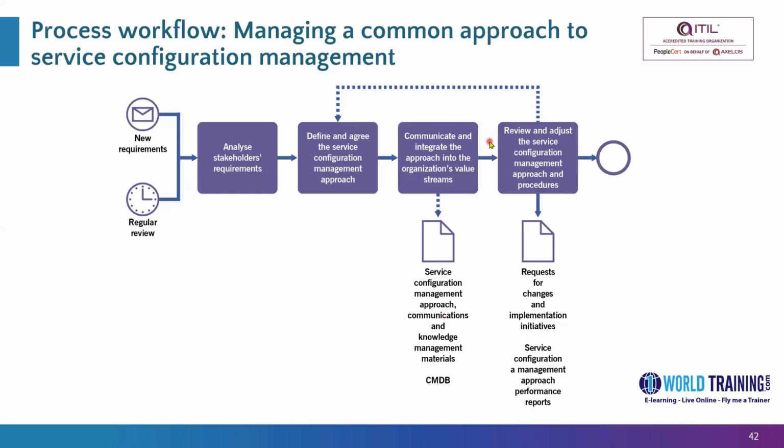And in the last step, review and adjust the service configuration management approach and procedures, there are requests for changes and certain implementation initiatives for the configuration management practice and service configuration management approach and performance reports. So the performance reports related to the approach are also created. But let's get a better understanding of all this.